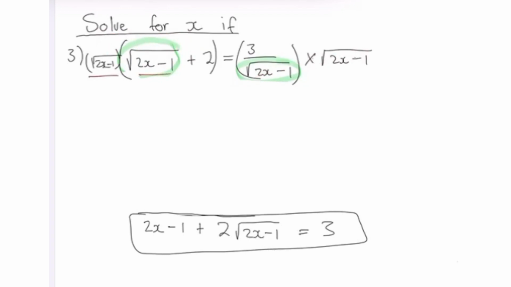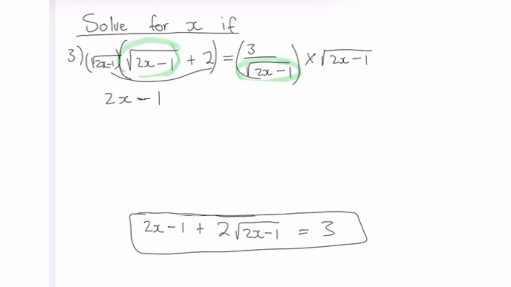If you take this and multiply by that, you get 2x minus 1, because it's like having the square root of 2x minus 1 all squared. The square will remove the radical, so that we have only 2x minus 1 left.